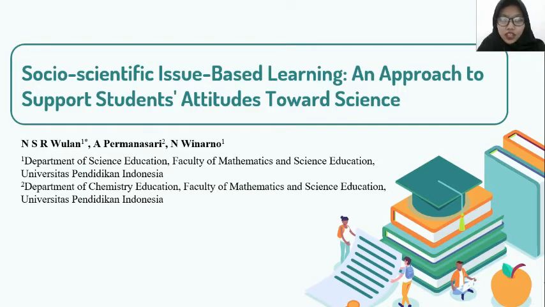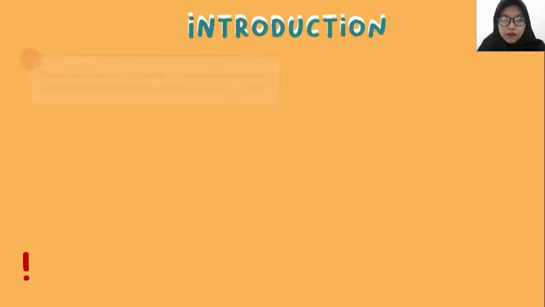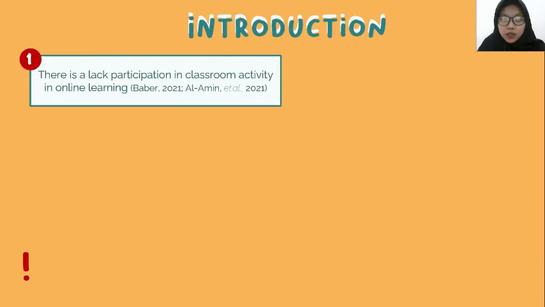Why did I take this research? First, there is a lack of participation in classroom activity in online learning, especially during the COVID-19 pandemic. Therefore, further research is needed for fostering student interaction that can highly affect student participation.